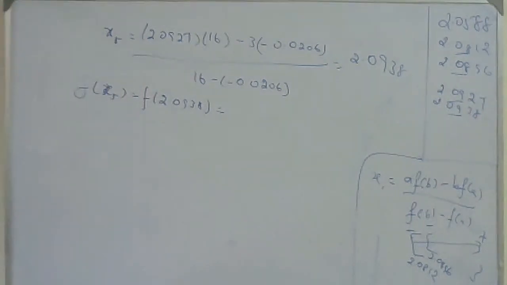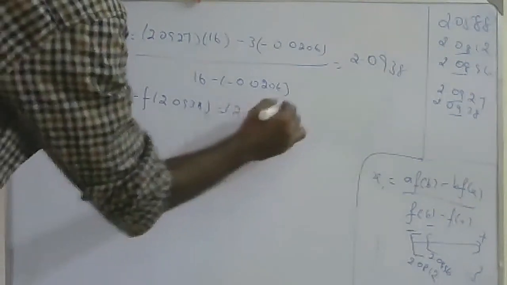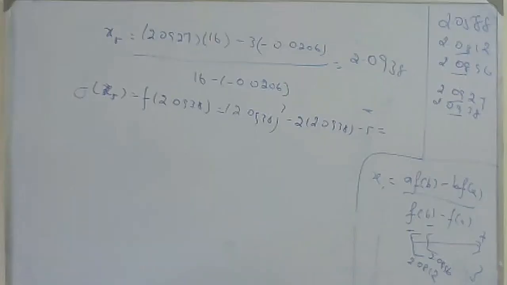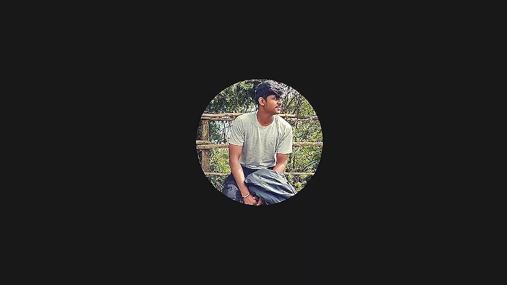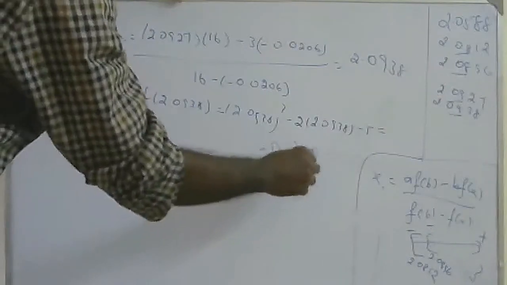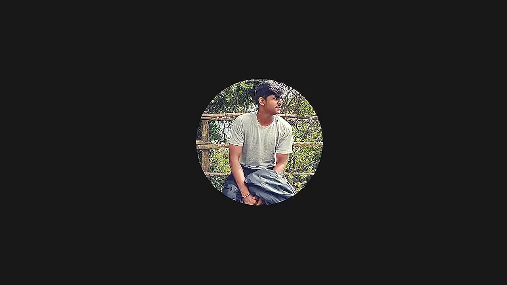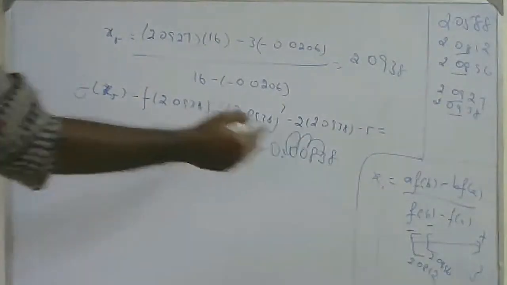What is f of 2.0938? 2.0938 cubed minus 2 into 2.0938 minus 5 is equal to minus 8.3840 into 10 to the power of minus 3, so that is minus 0.008 something. The decimal shifts three places. So it is negative.